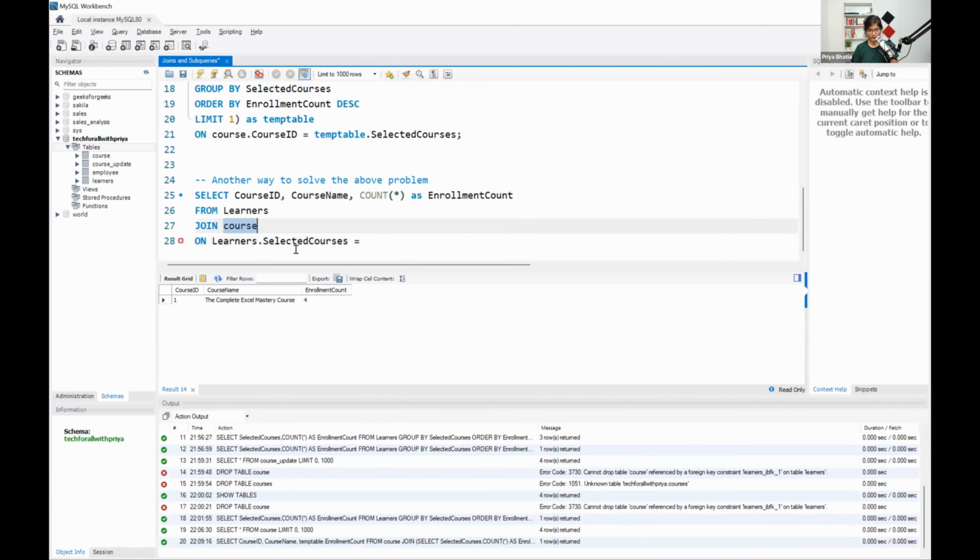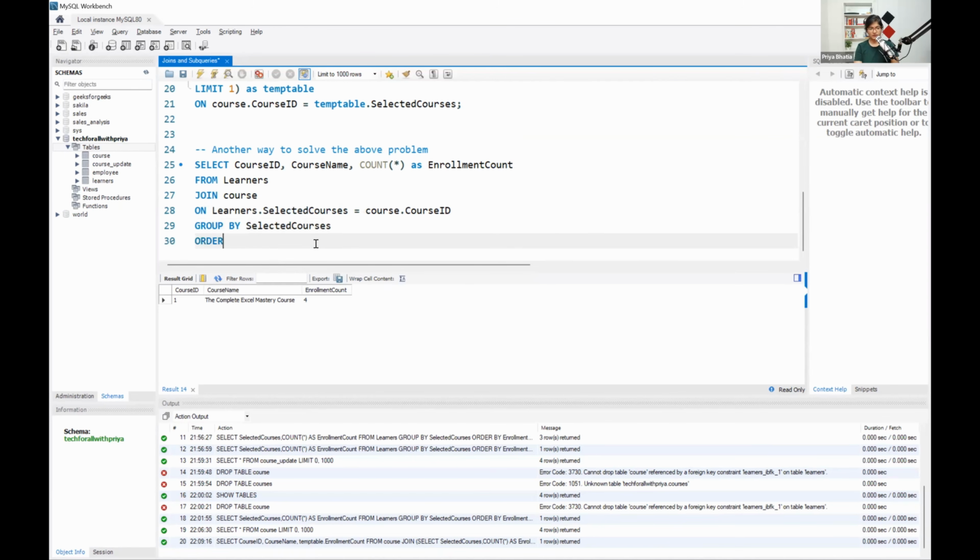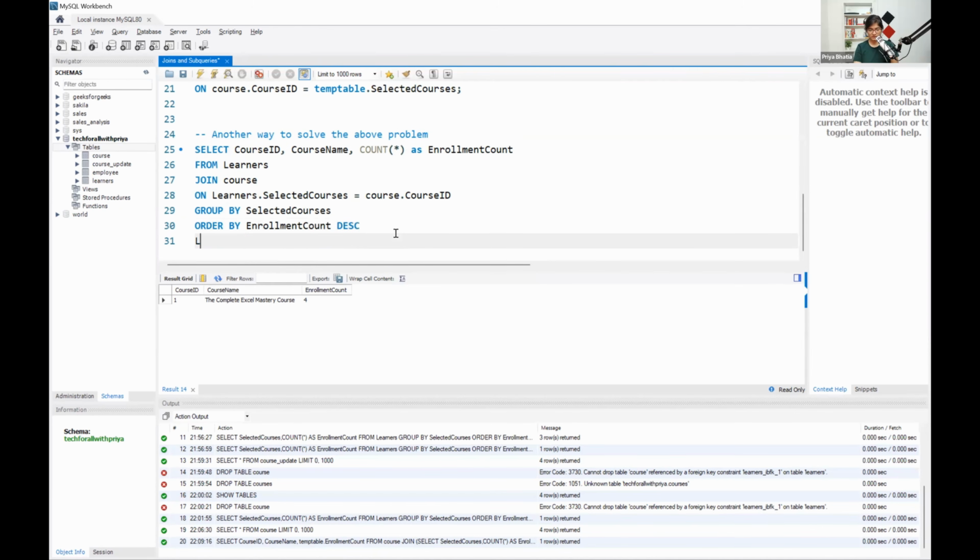I'm just copying her query. And then she has done a group by on the basis of selected courses, then order by enrollment count in DESC fashion, limit 1.